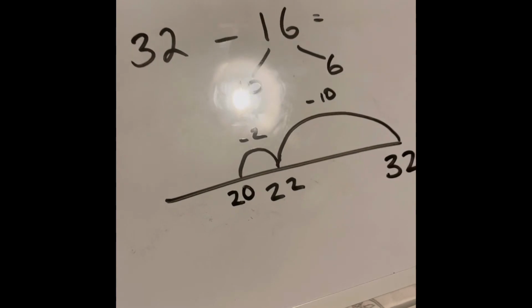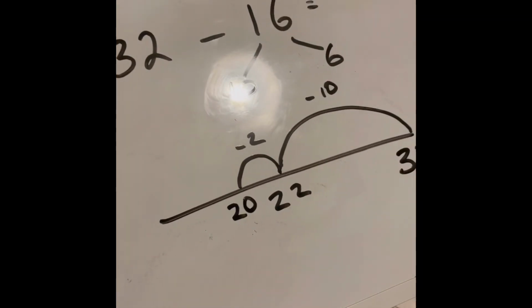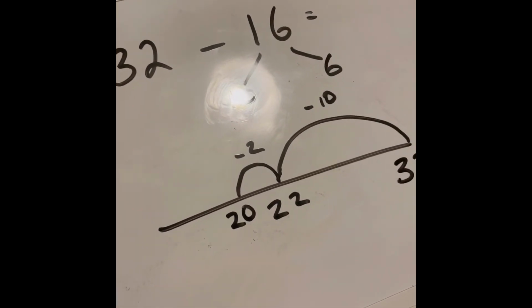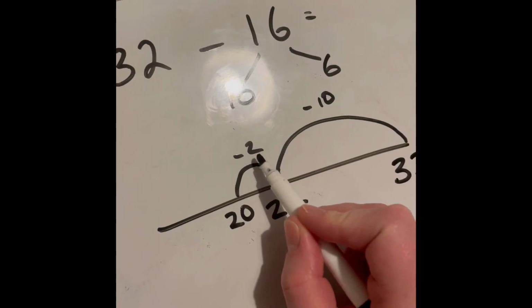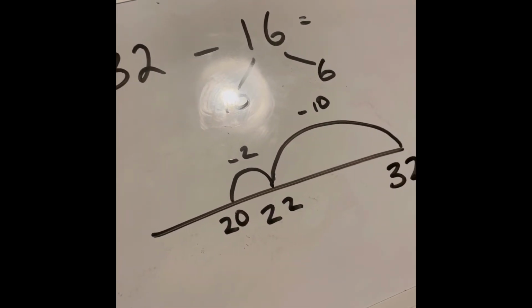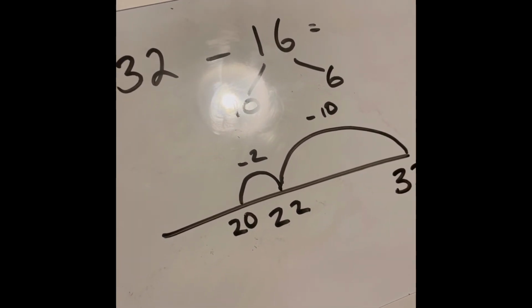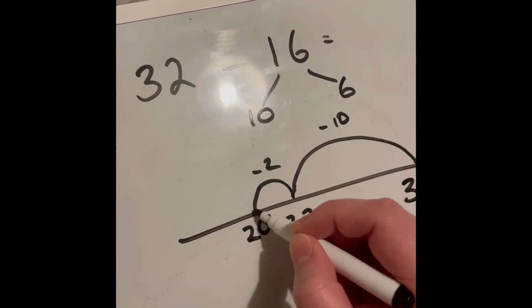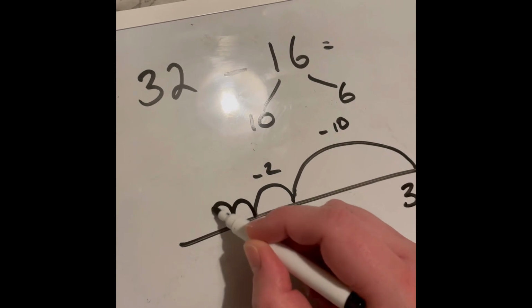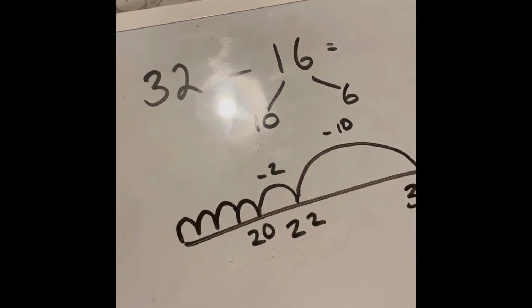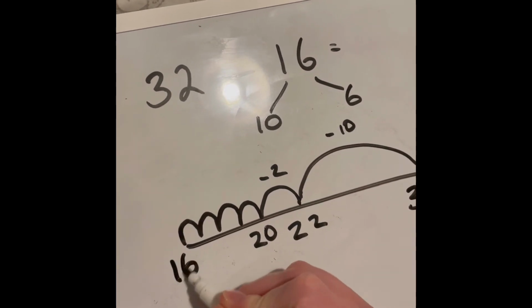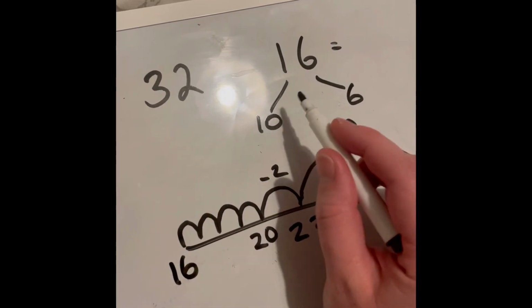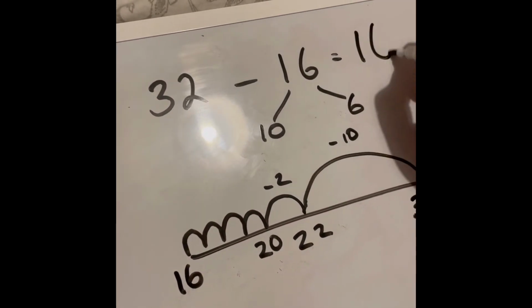So it makes it a little bit easier to subtract the next number. What do I need to add to 2 to make 6? That's right, 4. 4 add 2 is 6, so if I've taken away 2, I've still got to take away another 4. And if I take 4 away, I'm left with 16. So 32 take away 16 is 16.